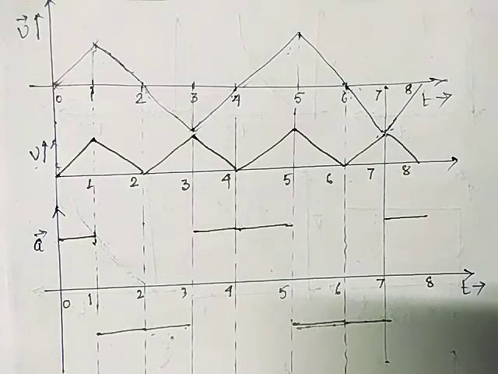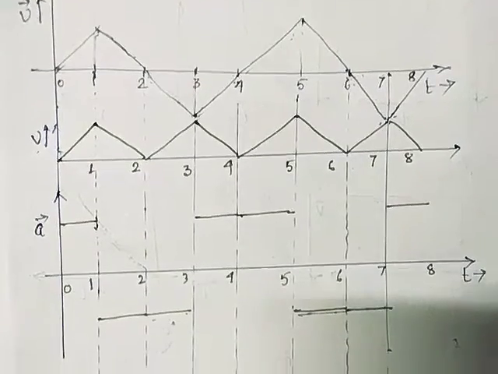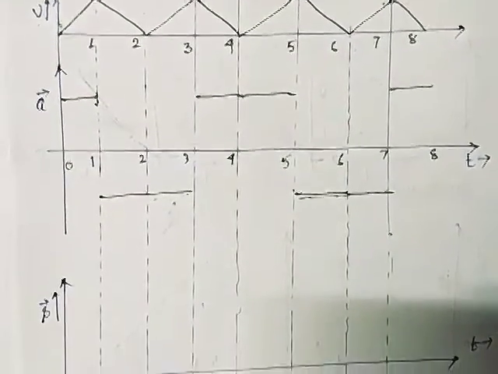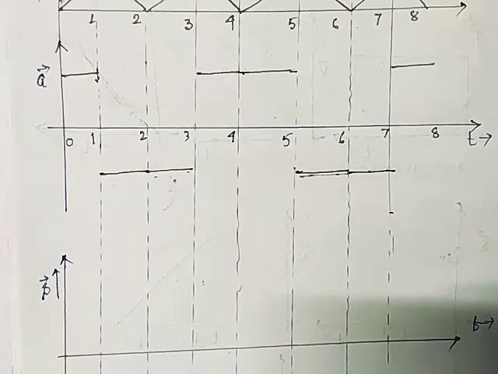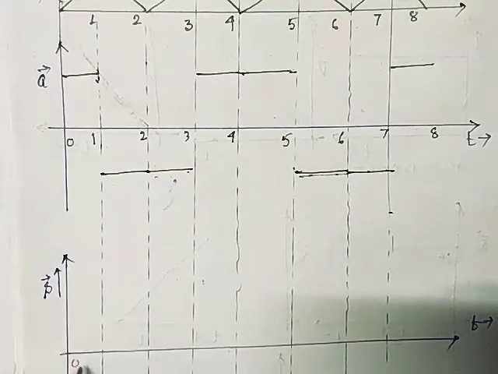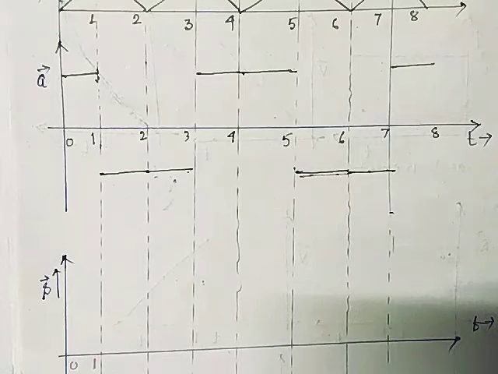So now if I talk about the velocity, it is like this. If I want to derive the displacement from here, for the first interval from 0 to 1, listen to it concentratedly.